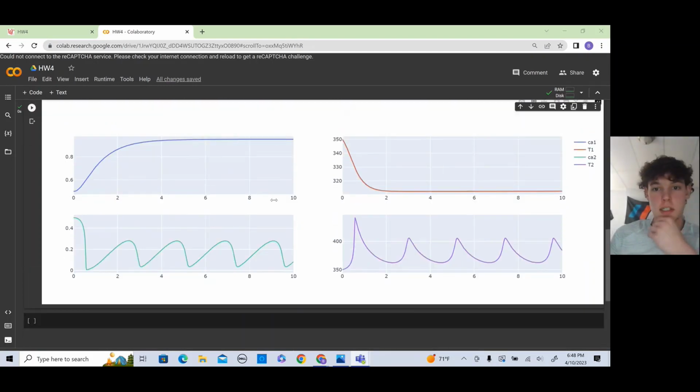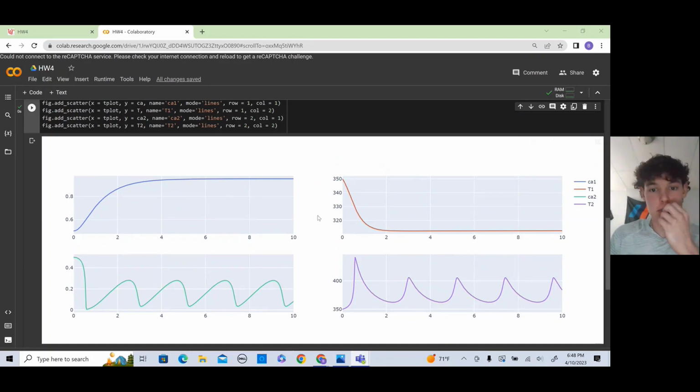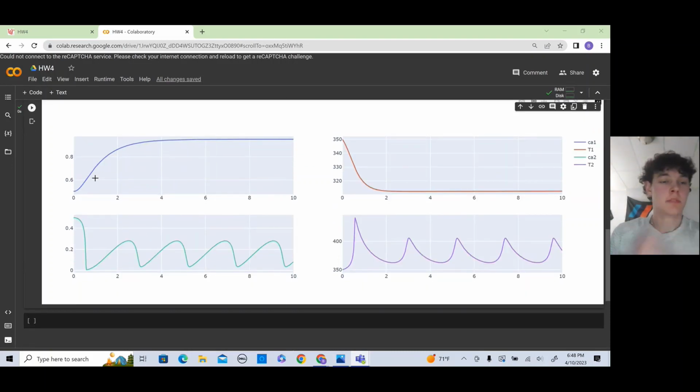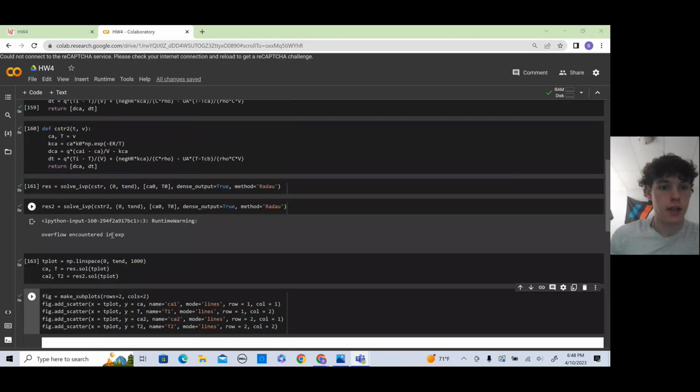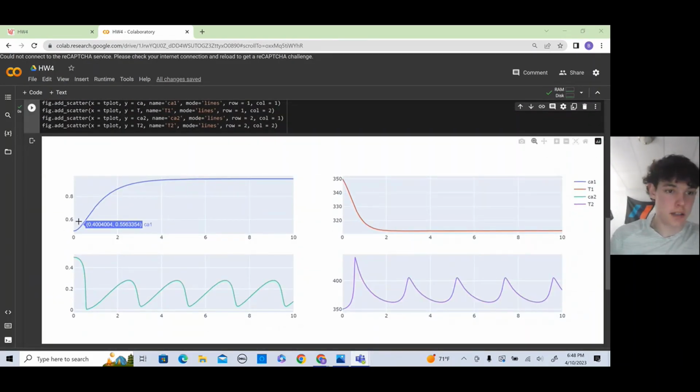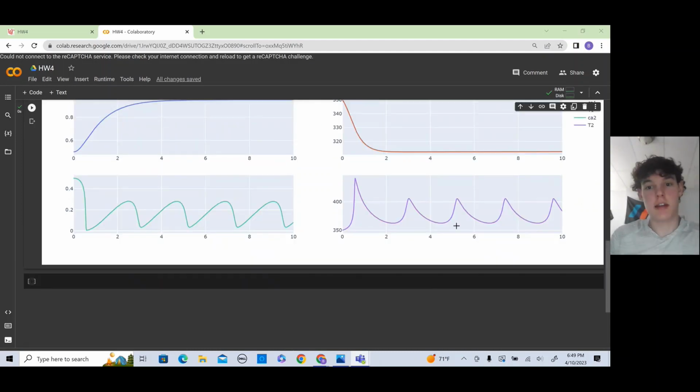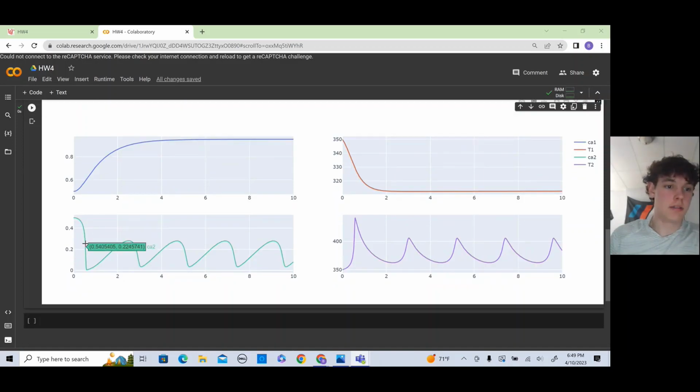So as you can see, our initial temperature for both is at 350, and for the temperature at 290, our reactor comes to a steady state with the concentration around 0.95, and our temperature becomes steady as well, and that's fairly boring. But for our 305, you can see it's an oscillatory motion here.